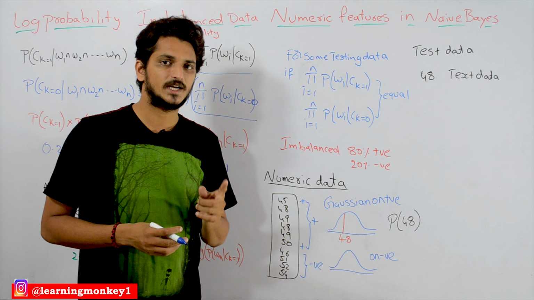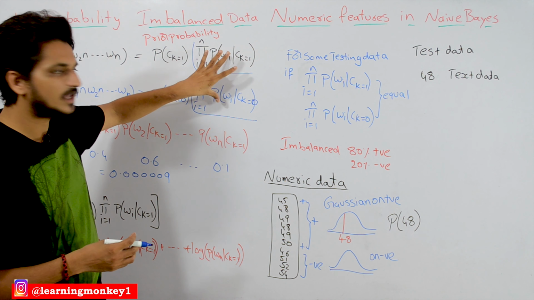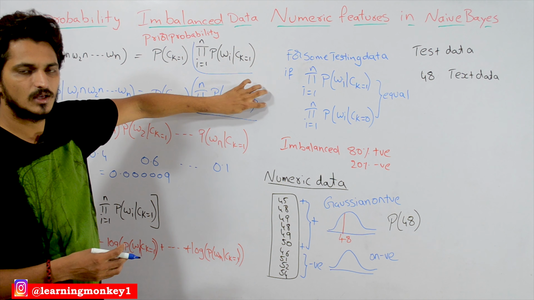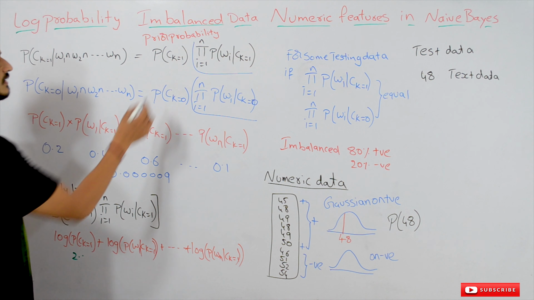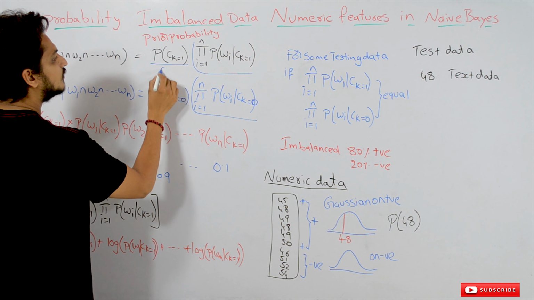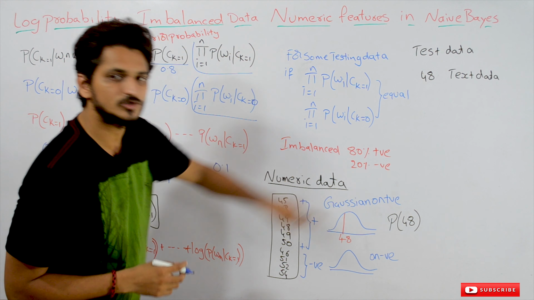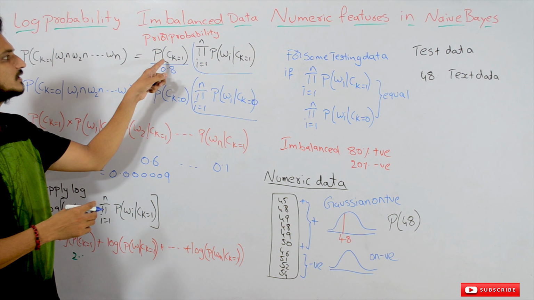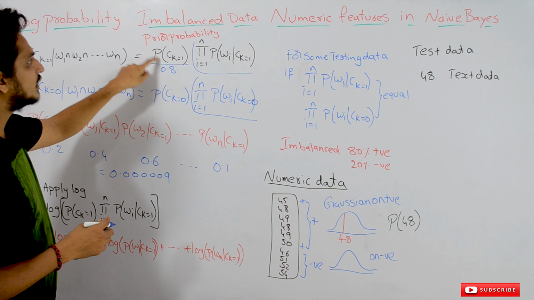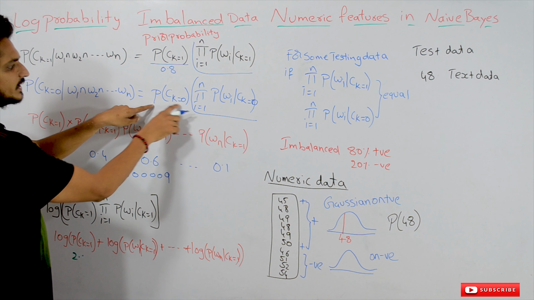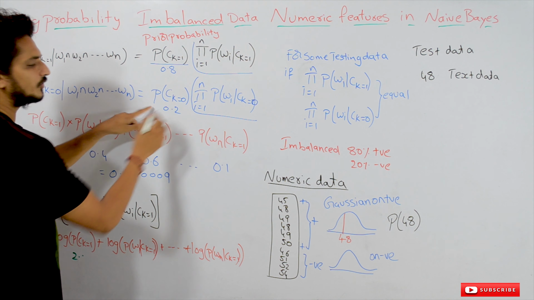Suppose for any testing data, the likelihood values are the same for the positive and negative class. Then probability of Ck equal to 1 is 0.8, because we have 80% positive points. That is how we calculate this probability, which we call the prior probability. And probability of Ck equal to 0 is 0.2.